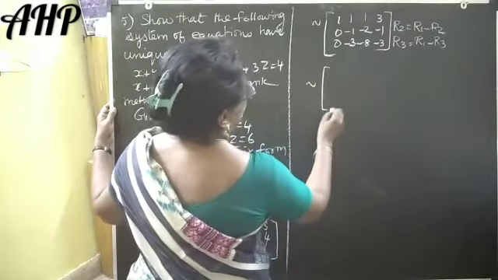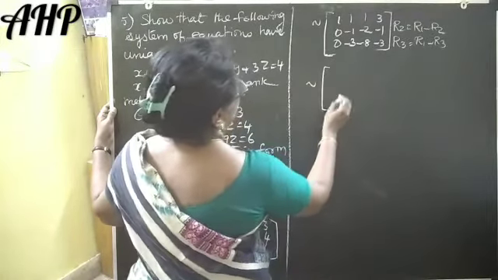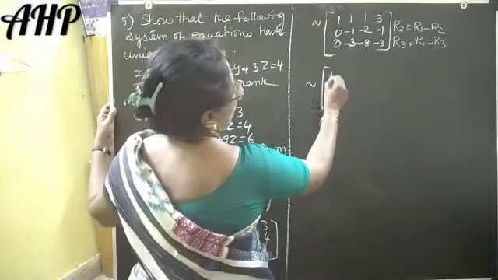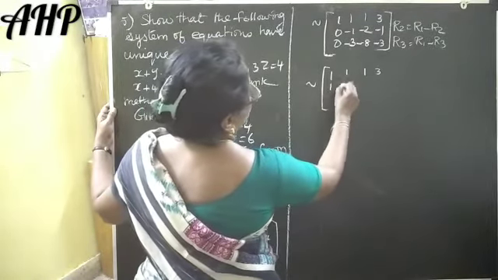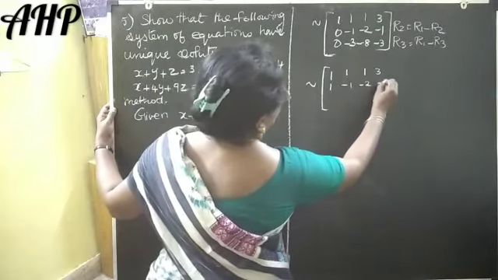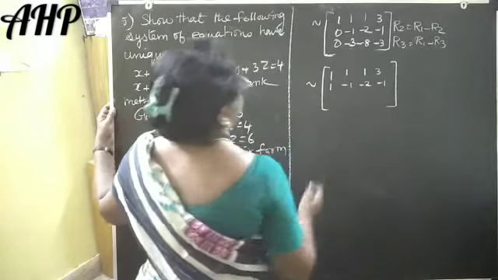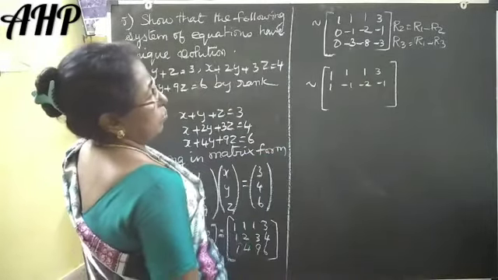Next, our aim is to make the second element of the third row to be 0. So write the first two rows as it is. Now our third row is going to be R3 is equal to 3R2 minus R3.